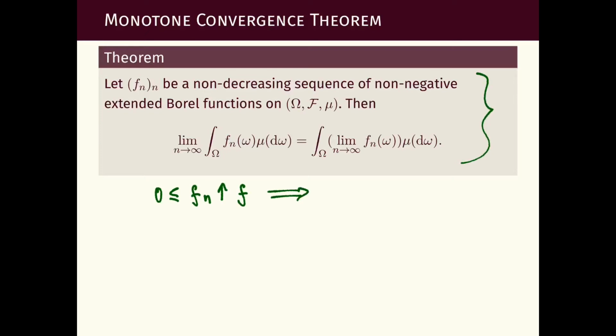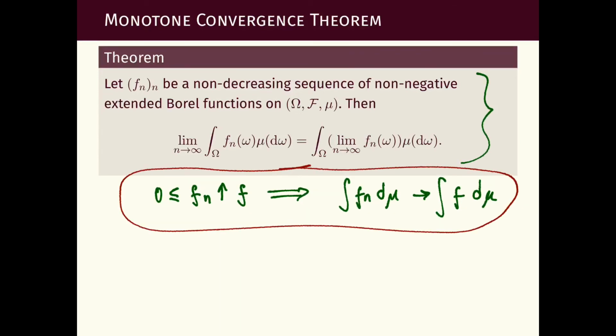This implies the integral of fn converges to the integral of f. That's a short way to write what is the statement of this theorem. You may prefer to have both options to work with.